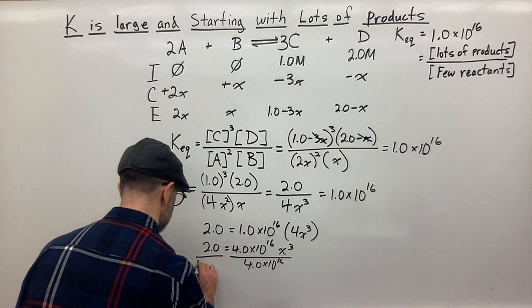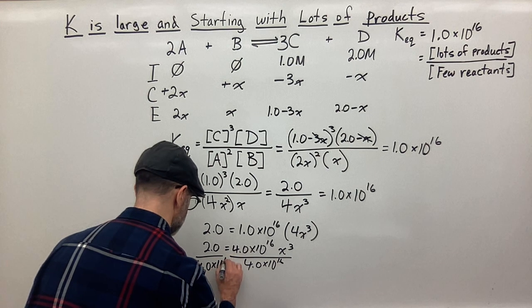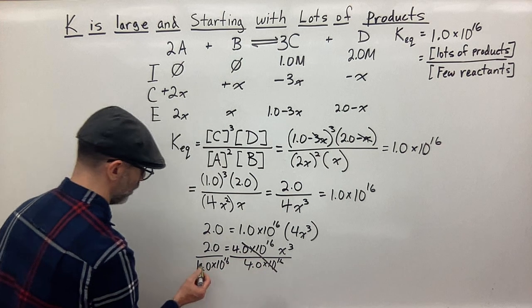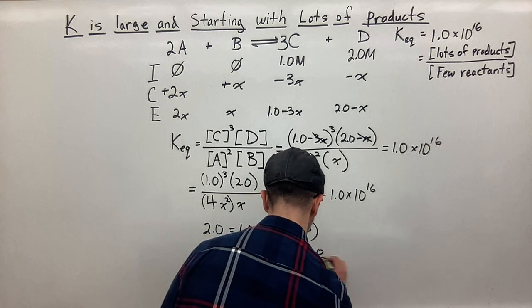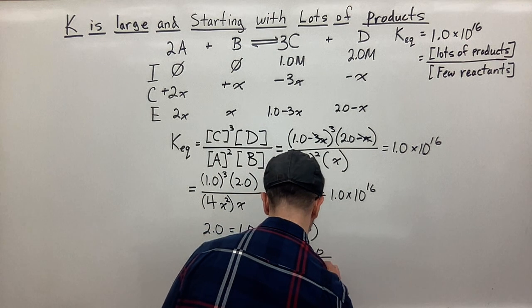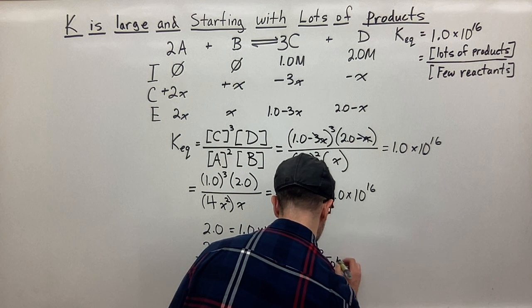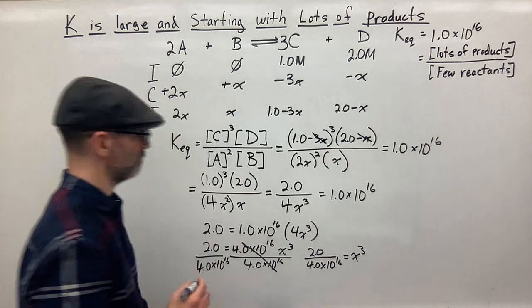This is going to be 2 divided by 4.0 times 10 to the 16. So this cancels out. So it's going to be 2.0 divided by 4.0 times 10 to the 16 power is equal to x cubed.